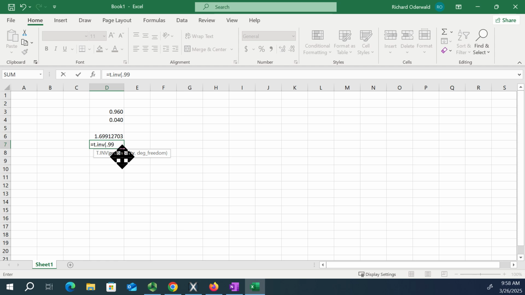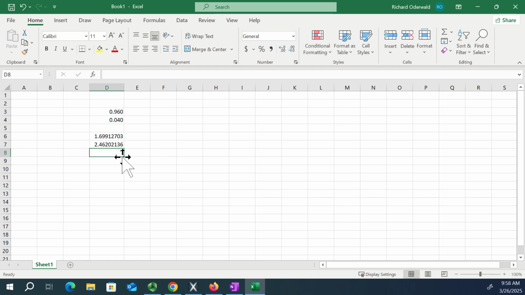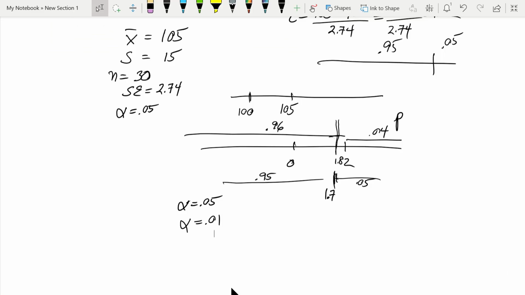I can use 0.01 and just change the sign. I'm going to get the same number. It would be negative. If I use 0.99, 29 degrees of freedom, what's my cutoff now? 2.46. Here's the cutoff, 2.46. This is 0.01, alpha equals 0.01.